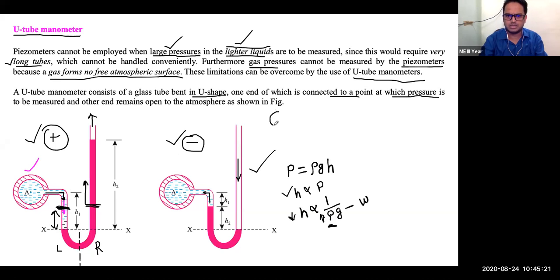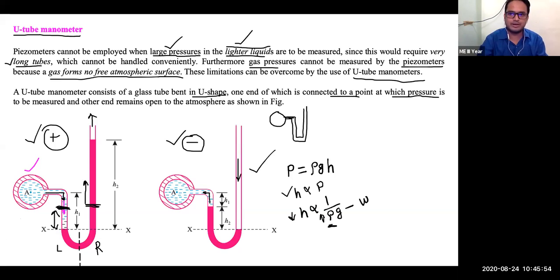Suppose I draw one circle to represent a pipeline. In this, a U-tube manometer is connected. So I am trying to draw a U-tube. You can see on the screen. Suppose this is a U-tube. Here suppose there is no pressure. Let me draw two lines. Now it is looking like a U-tube.